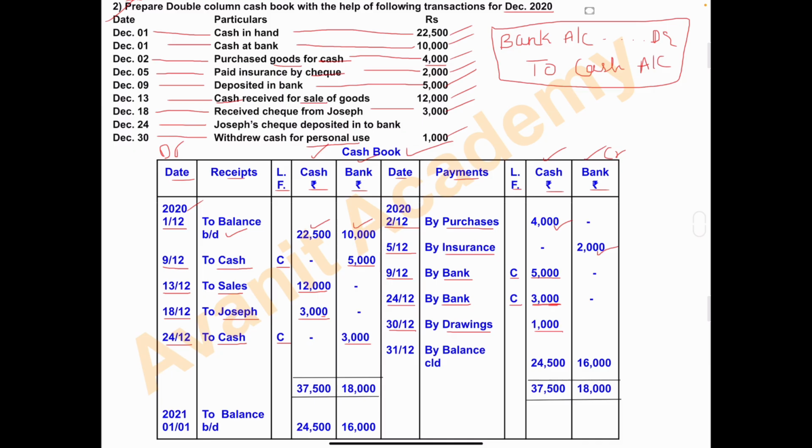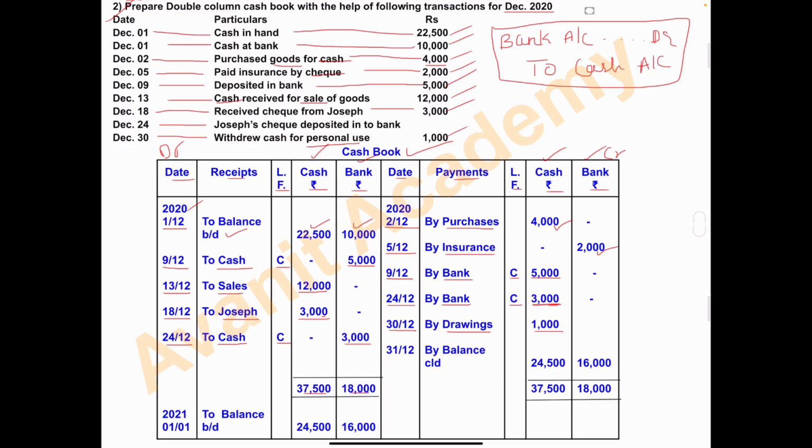Now first add the debit side of the cash book. Add the cash column first on the debit side, that is 22,500 plus 12,000 plus 3,000. Total is 37,500. Add the bank column, 10,000 plus 5,000 plus 13,000.